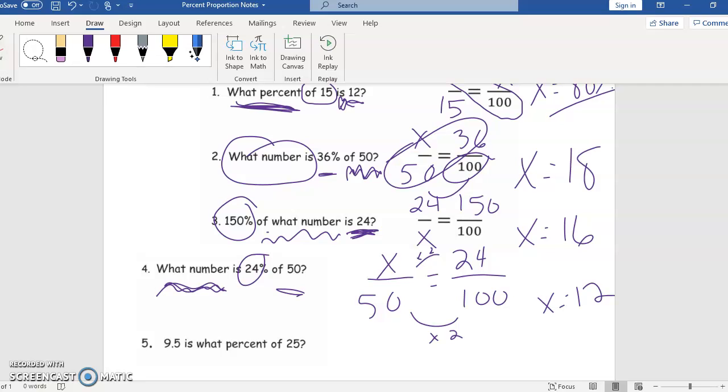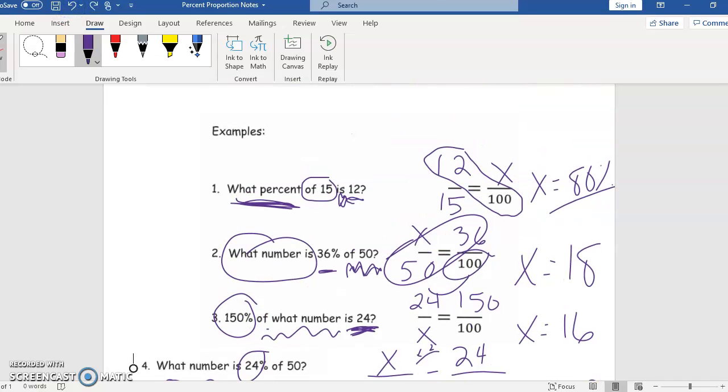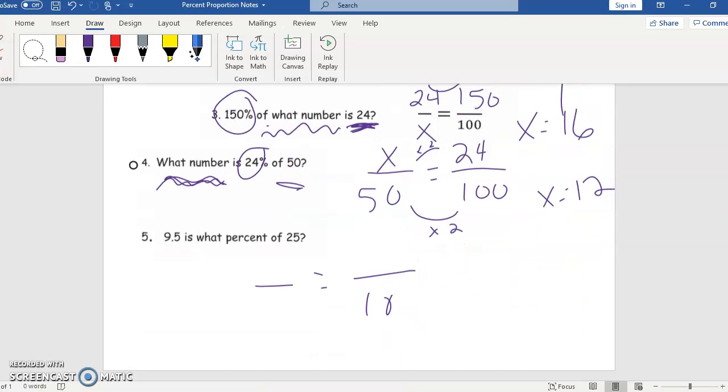Okay? All right, let's do our last one here. Set up my proportion. Sorry about my handwriting. I'm trying to write on the screen and it's not very good. I'm going to redo that so it looks a little nicer. There, that's better.